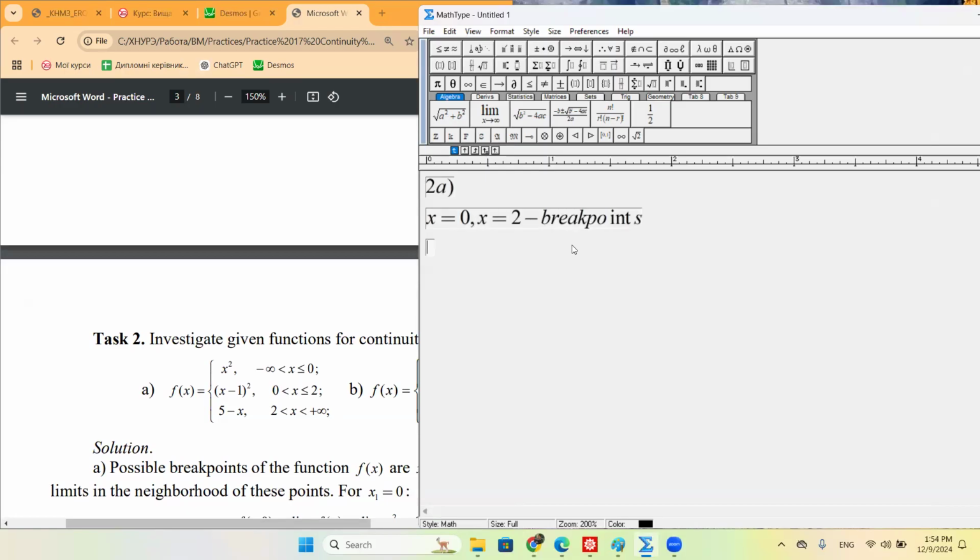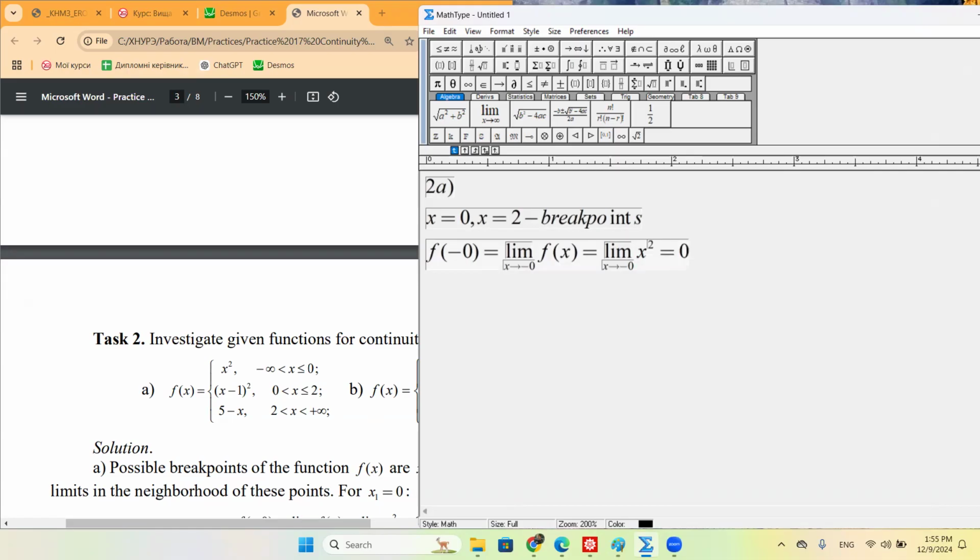So for x equals 0, doing the same, calculating limits. And here we must be attentive. The limit of f at the point minus 0, so from the left. Which expression do we use here, x to the power of 2 or (x minus 1) to the power of 2? x to the power of 2, yes, because from the left.